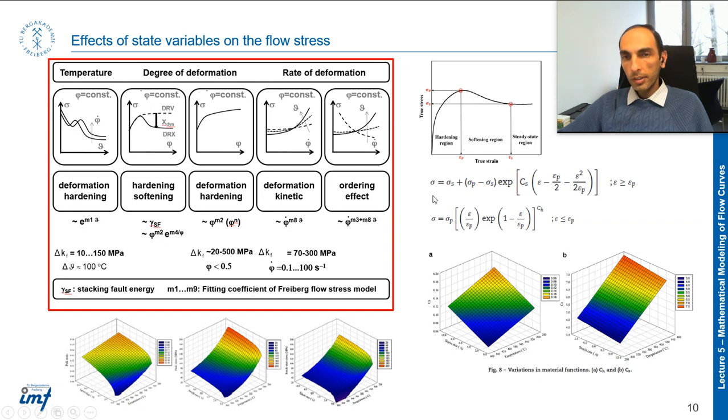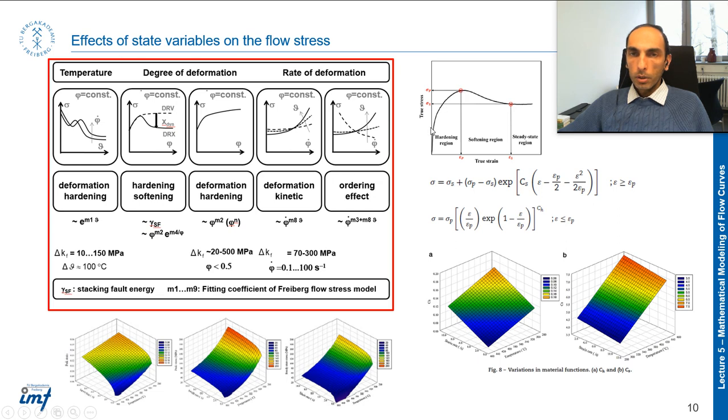This is the flow stress, and you have a peak, a critical value, which is here. It's defined as a peak value. So two different mathematical equations are given: one for strains which are smaller than the peak, and another for strains which are bigger than the peak. Here the dynamic recrystallization is happening.